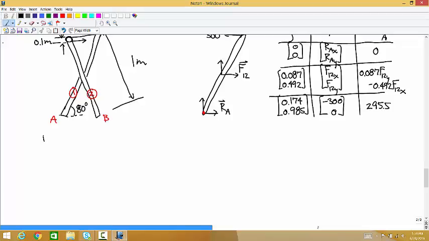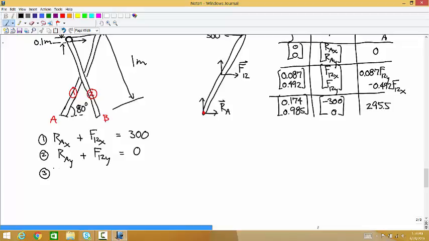So the first three equations: the first one says RAX plus F12X minus 300 is equal to 0, so I'll just move this over and make it positive 300. The second equation says RAY plus F12Y is equal to 0.